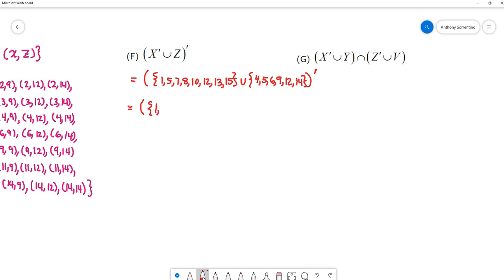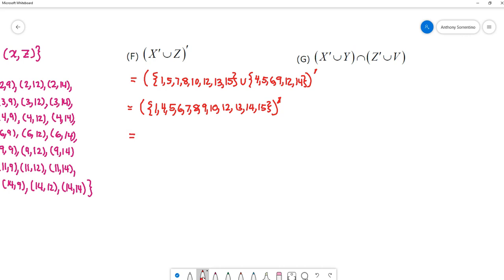So that's a member of anything that's in the union of not X or Z. And now I want to do anything that's not in that set. I want to take care of this apostrophe out here, which means now I'm going to go to the universal set and choose only those numbers that are not in this list here.